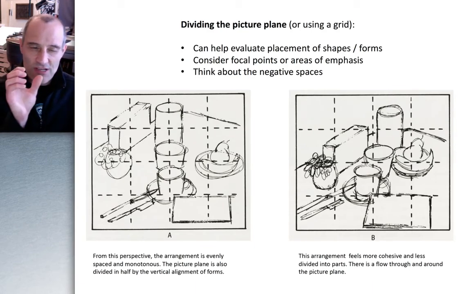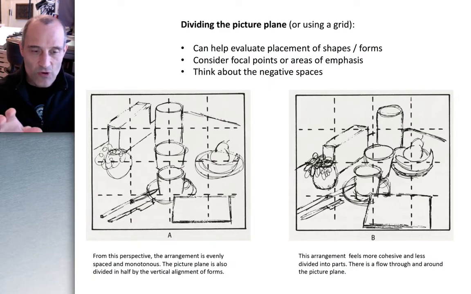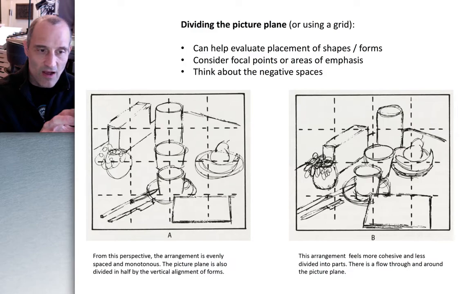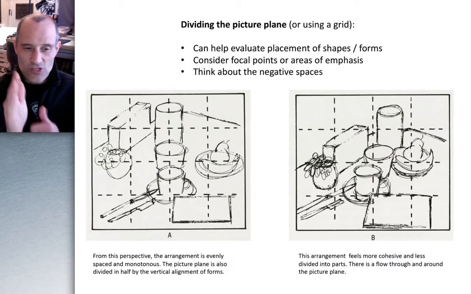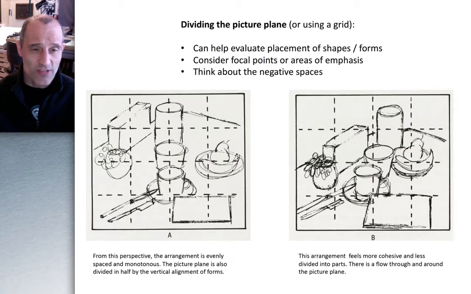So notice the shape of the cup and the other two cylinder objects, how they're all about the same size, how the rectangles on the left and the right, and then the plate with fruit on it on the right, and then the oval object on the left, it really creates this almost symmetrical arrangement. And it's kind of boring, right? The negative space is pretty boring. That's also a real telltale sign it's not as interesting as it could be visually.